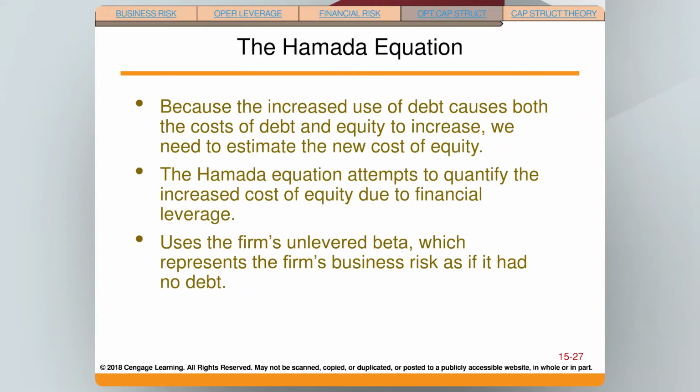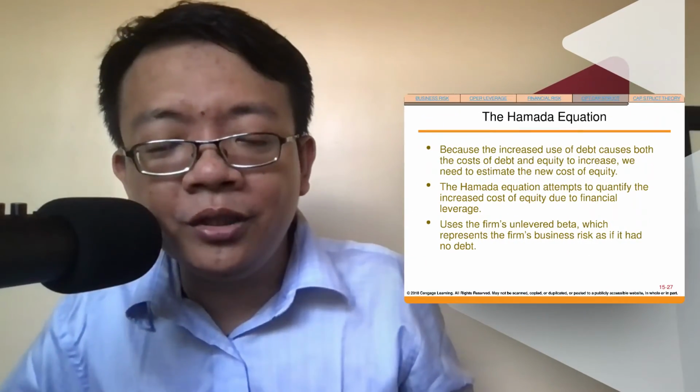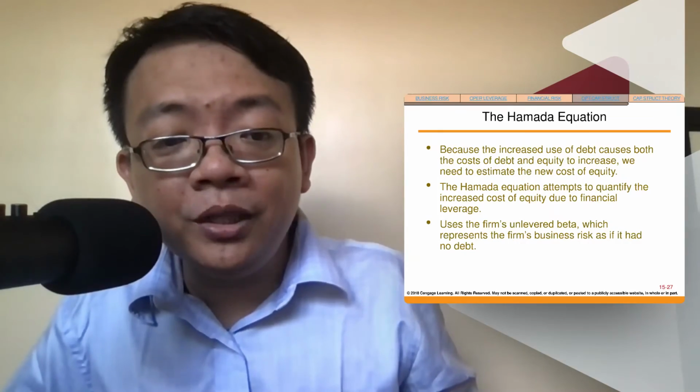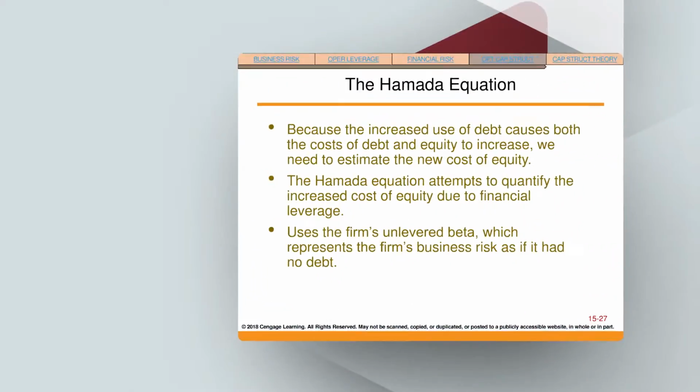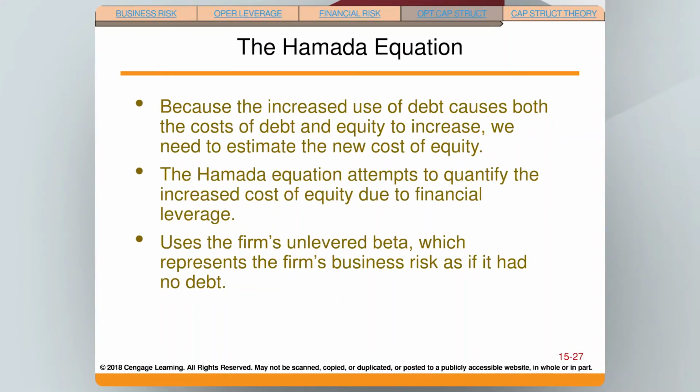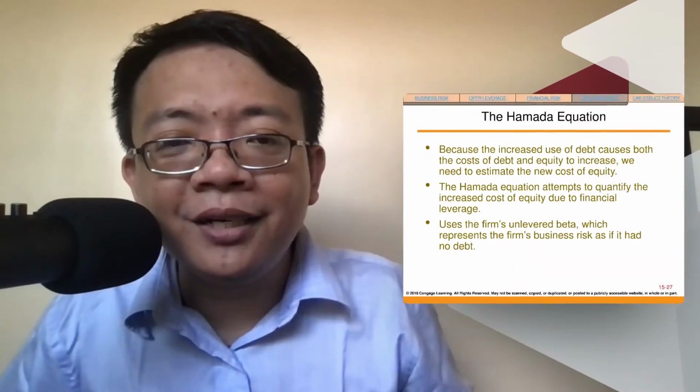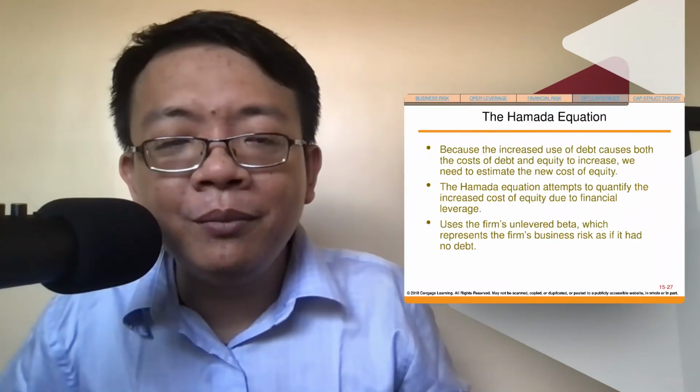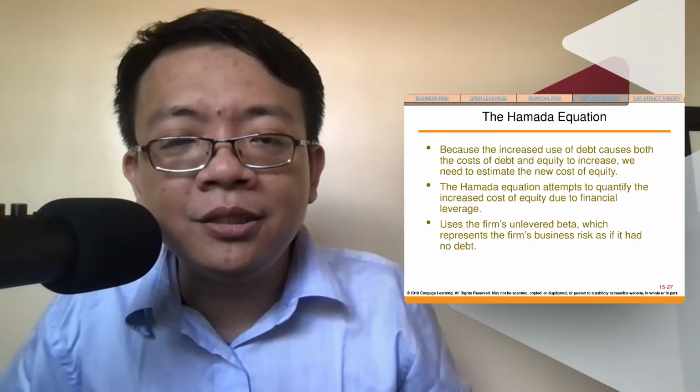Yan. So, we are now here in terms of Hamada equation. Lumalabas sa CPA board exam, ha? Because in Hamada equation, we will be computing for our beta. Okay? Ano nga yung beta, class? Go back to the CAPM model, ha? Capital Asset Pricing Model.